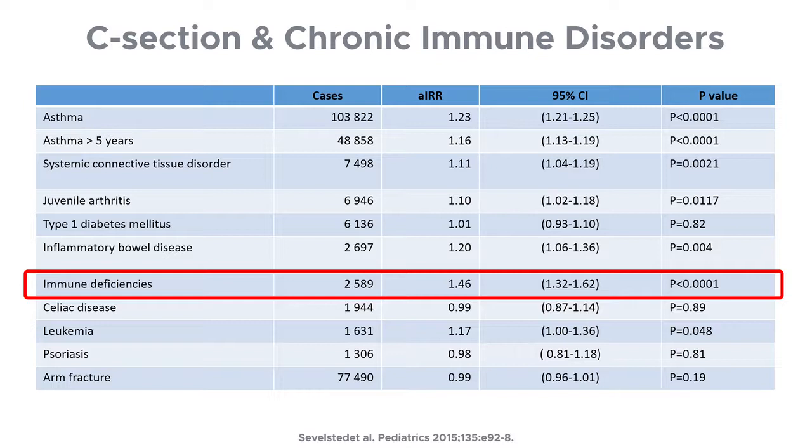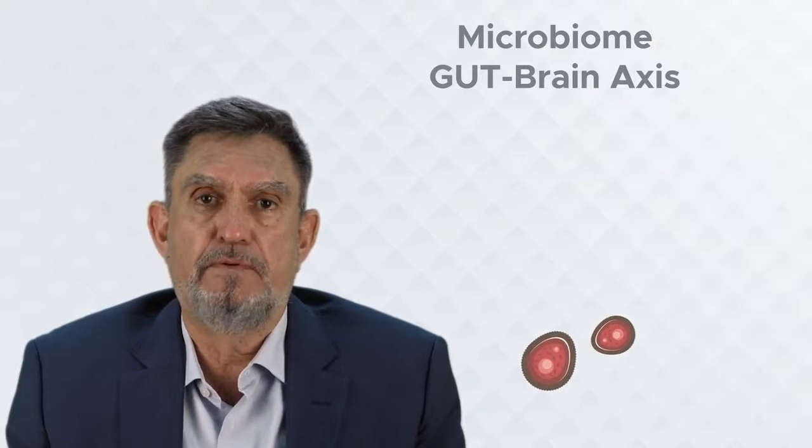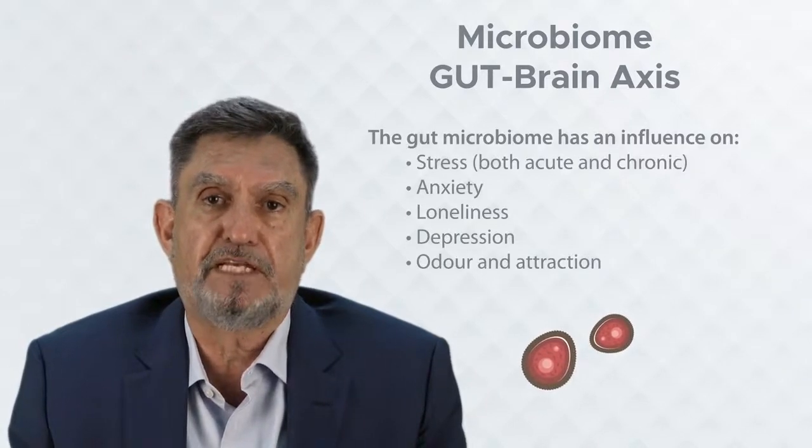And in this study, what is reflected is that immune deficiency, which you would have thought was entirely a genetic disease, is increased by 50%. There's a 50% greater chance of having a PID if you are born by elective cesarean section. So the microbiome and the gut-brain axis microbiome is responsible for a number of factors when it goes wrong.